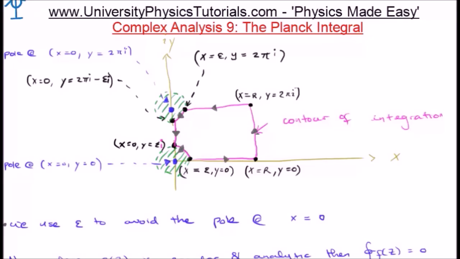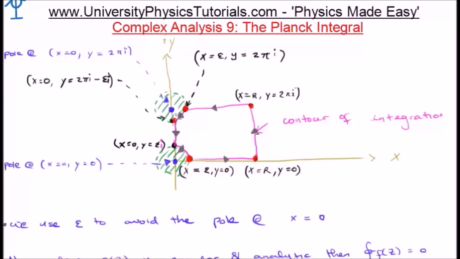So what we're going to do is consider a contour which goes from, we'll say, x is equal to epsilon, y is equal to 0, which is this point. It goes to x is equal to R, a radius, y is equal to 0, this point. It goes up to x is equal to R, y is equal to twice pi I. It moves over just away from the other pole to x is equal to epsilon, y is equal to twice pi I. Excuse me, it doesn't do that yet.